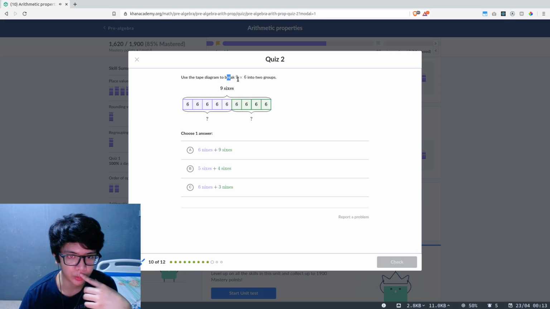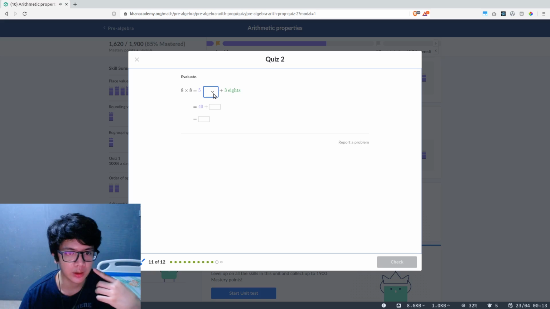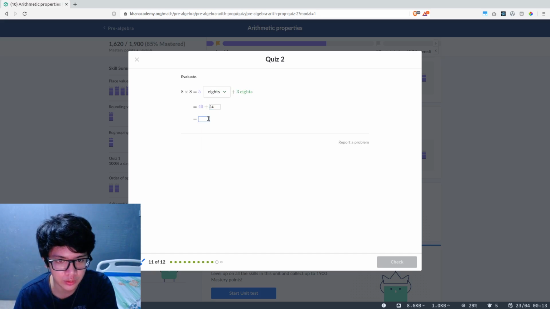Use the tape diagram to break 9 times 6 into 2 groups. 1, 2, 3, 4, 5. 5 sixes and 4 sixes. It's gonna be 5 eighths and 3 eighths, 24, 64.